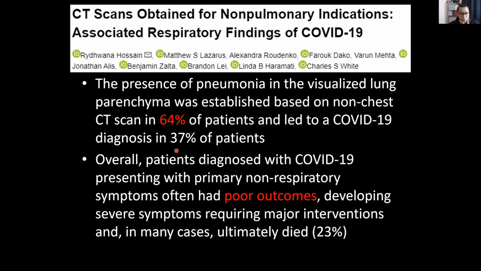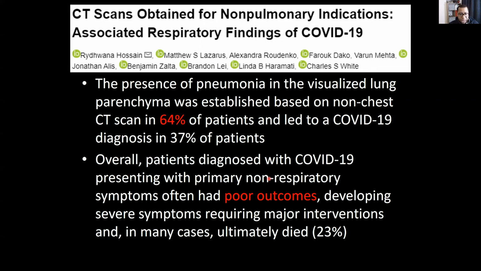So even when you're reading CT abdomens, make sure you're looking at the lung bases, right? Because we said COVID-19 findings are basal predominant, and you can pick up findings and suggest the possibility of COVID-19 pneumonia, okay?